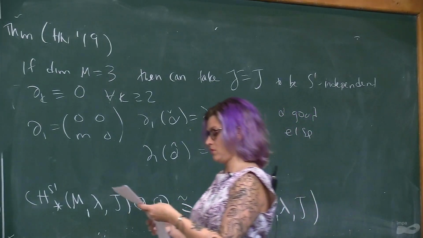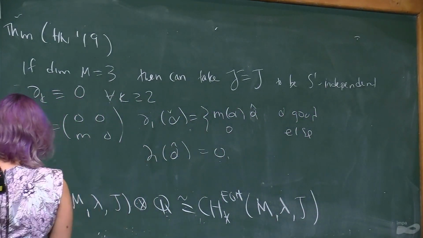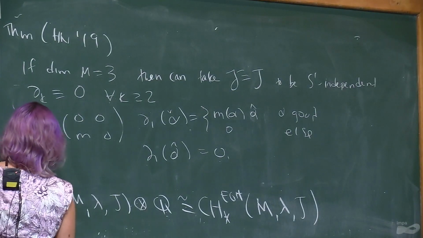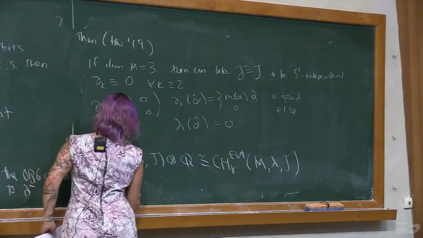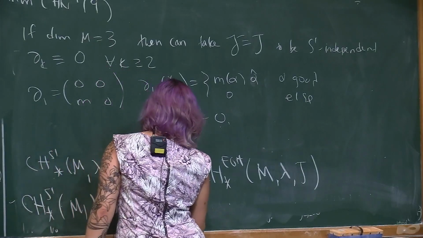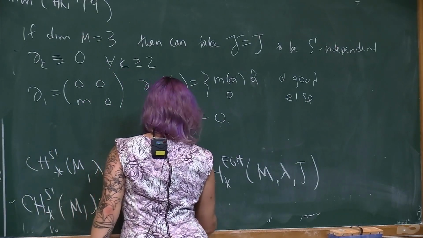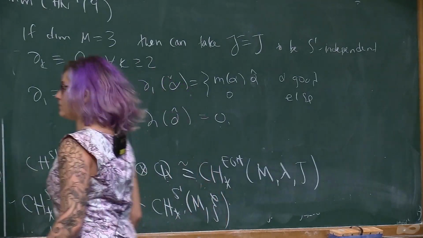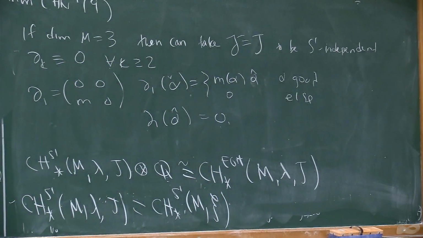And the other thing that you need is that the CH star S1 with this M lambda J actually agrees with CH star S1 of M kernel of lambda coming from this theorem.